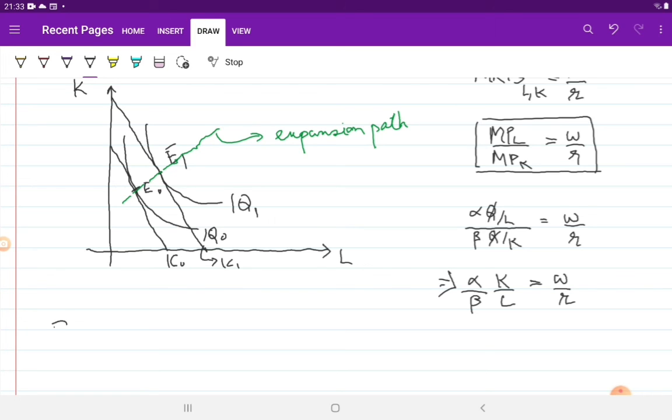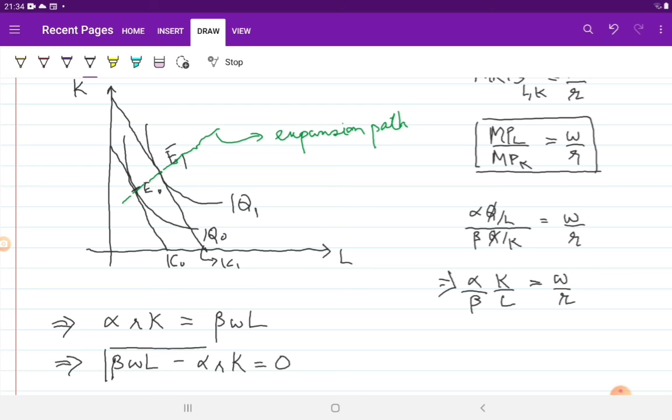Now, by cross multiplying, I will get alpha times R times K is equal to beta times W times L. Now, taking alpha R K to the right hand side, I can express this as beta times WL minus alpha times RK is equal to 0.